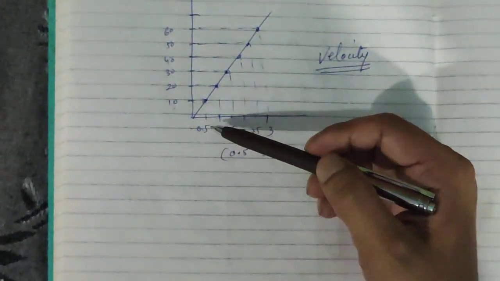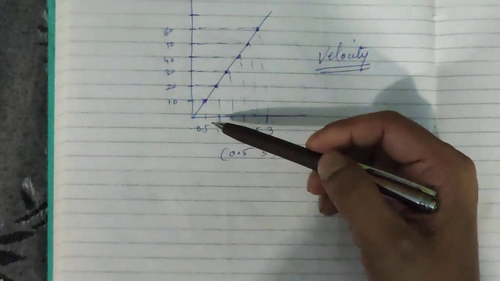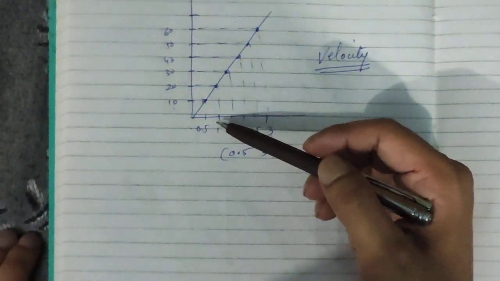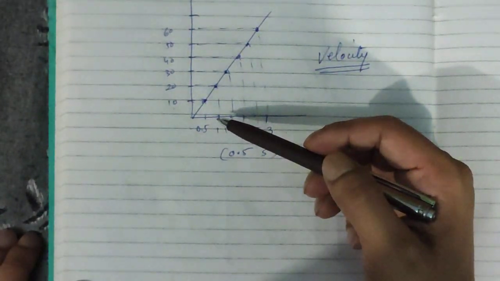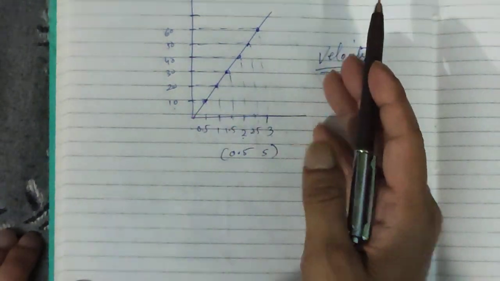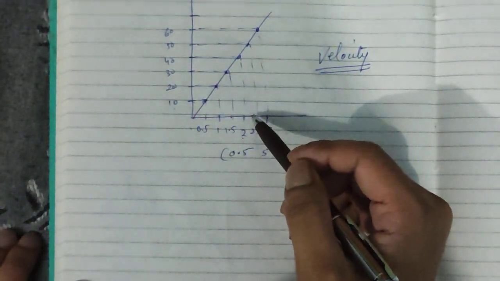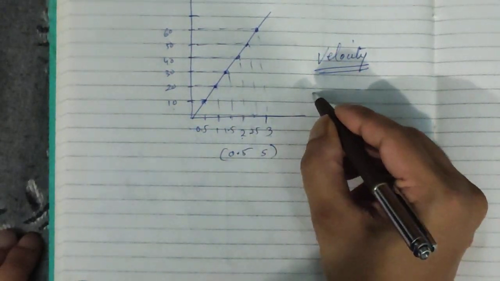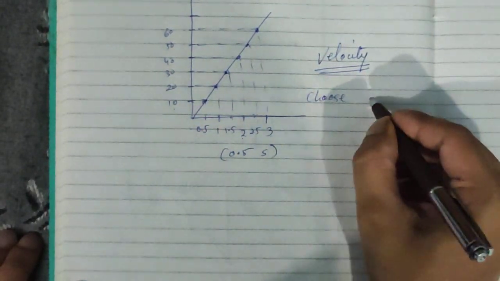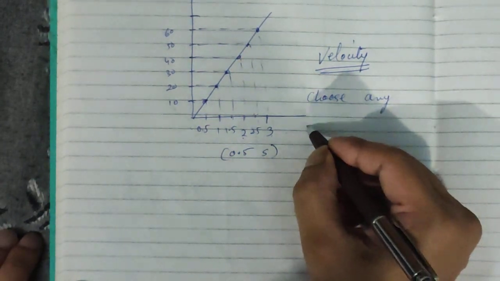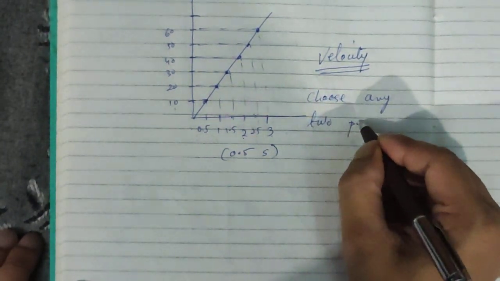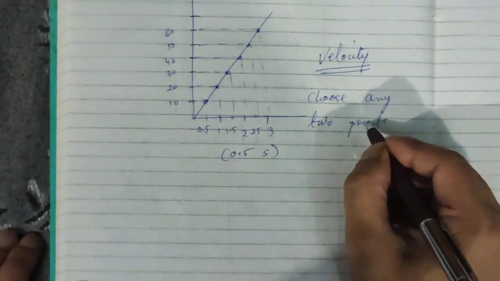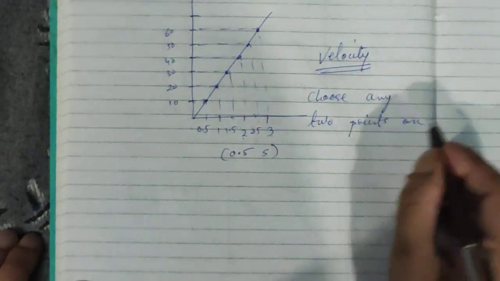Because this is uniform motion, whichever points you choose, the velocity will always be equal, because we know that velocity is constant. So choose any 2 points on the graph.